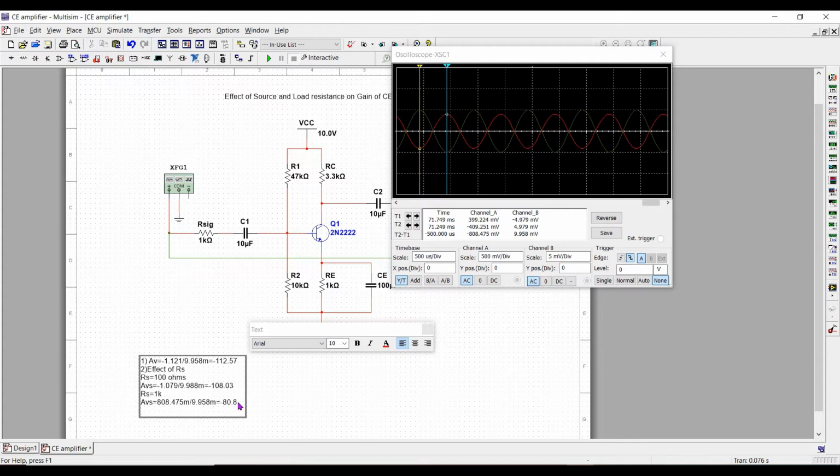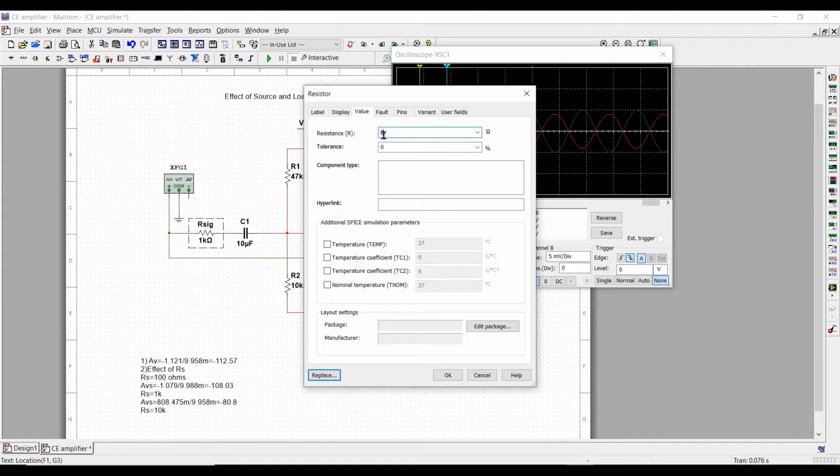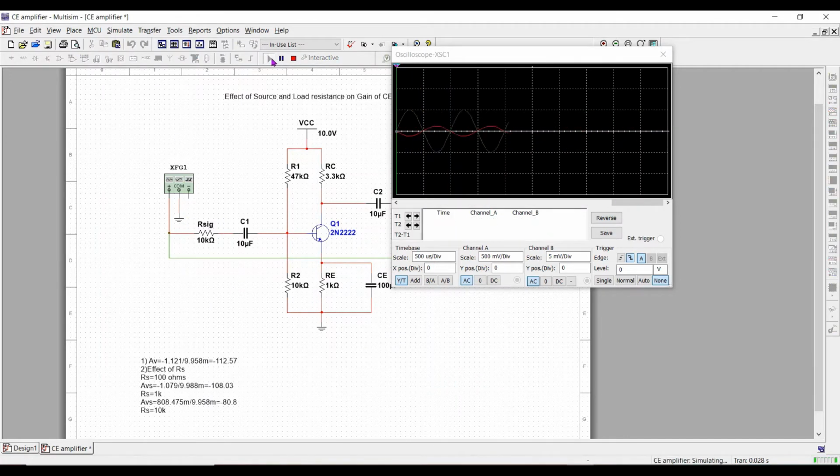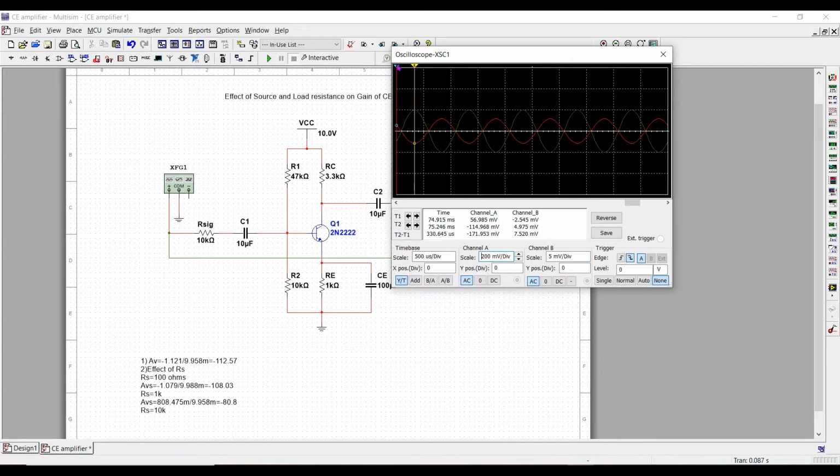Next, let us see for RS equal to 10K. Just change the value to 10K. Okay. Run. Observe the waveforms. Let's change the scaling so that we can observe it. Observation, cursor 2 to the positive peak, cursor 1 to the negative peak.